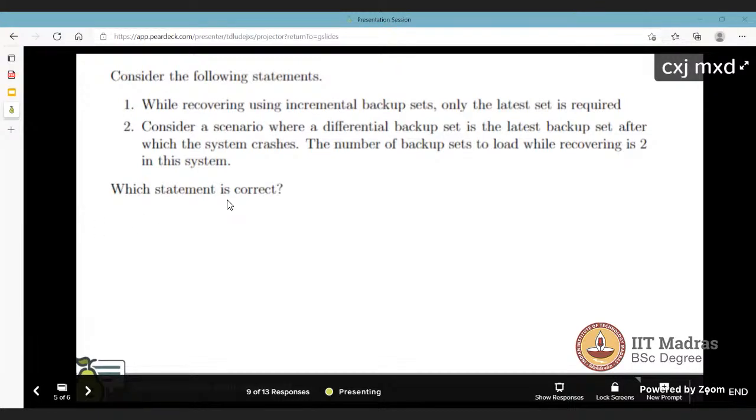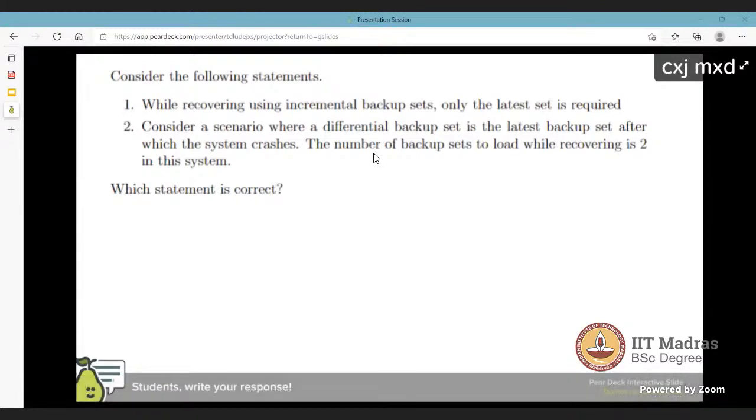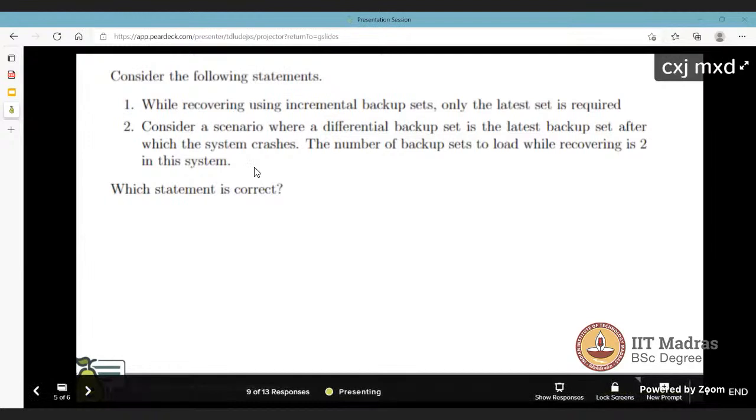The question is about recovering using incremental backup. That means it has already failed and we are recovering it. Which statement is correct? Not the number of statements, right? So statement 2 is correct here.